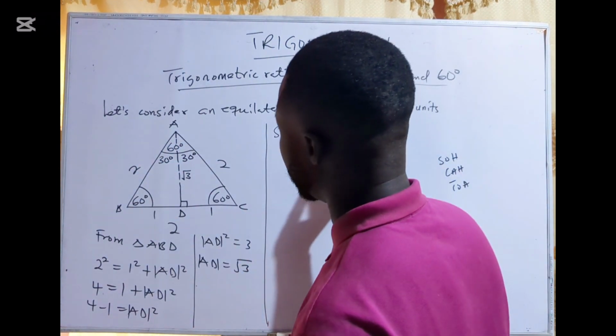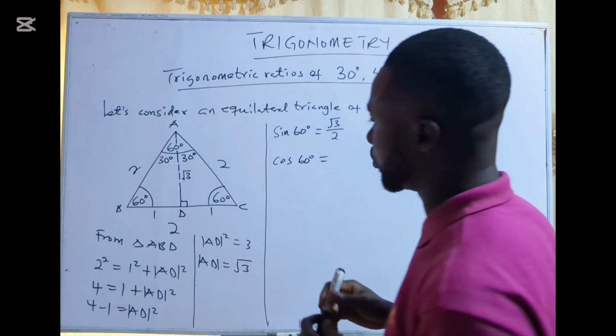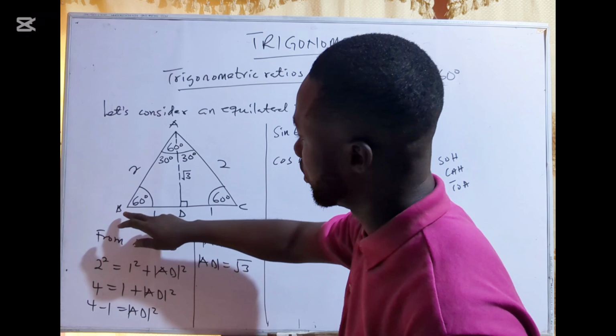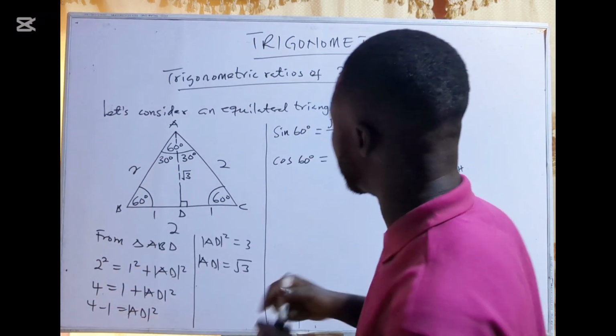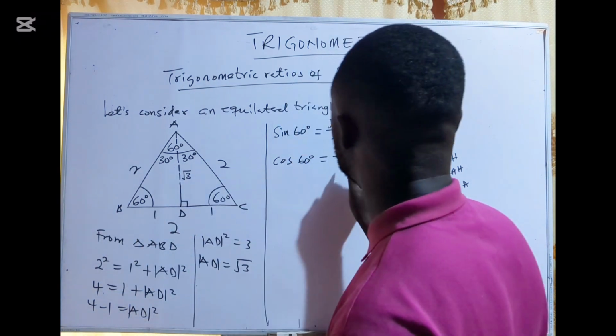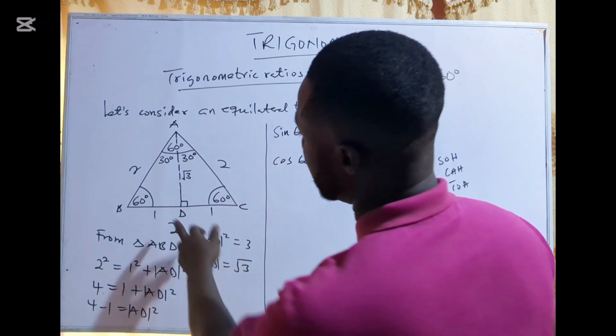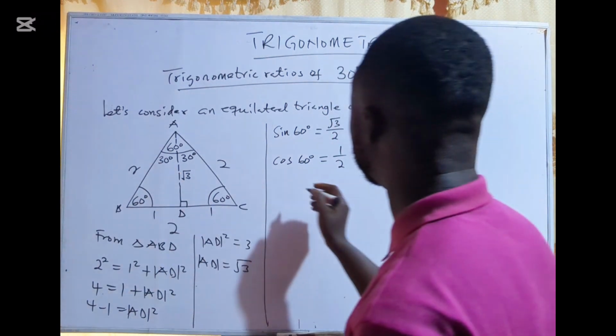Okay. Then let me look at cos 60. Cos is adjacent on hypotenuse. So if 60 is here, then my adjacent is 1, and my hypotenuse is 2. So adjacent on hypotenuse, 1 over 2. Alright, then tan 60.